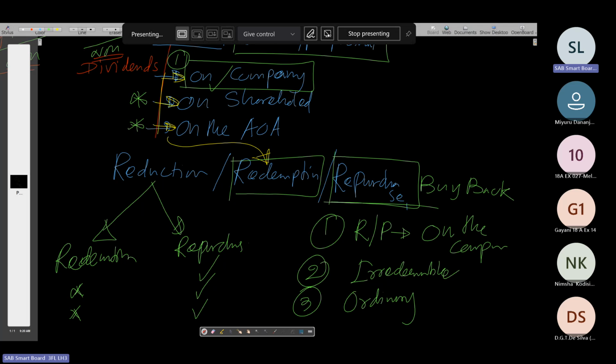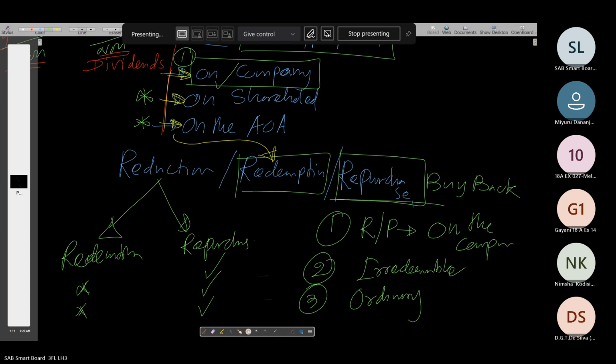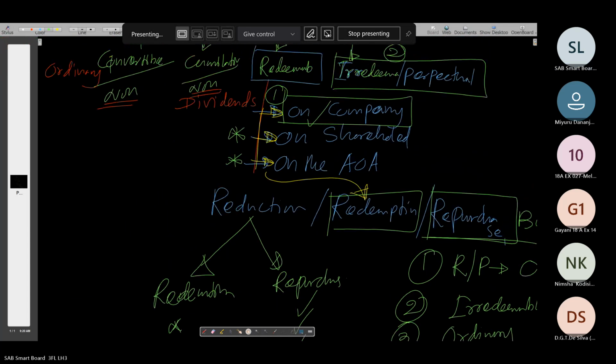Then thereafter, another concept, that is dividend.